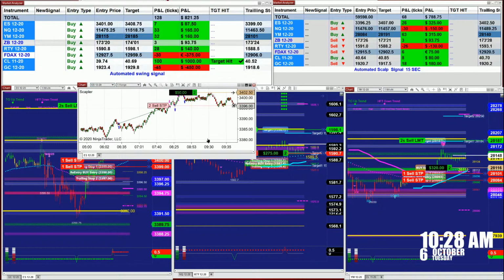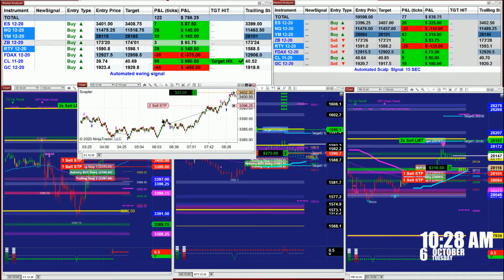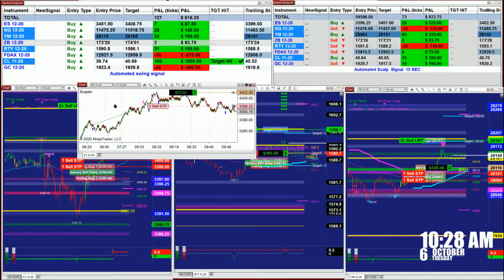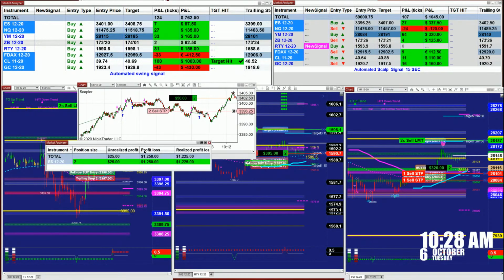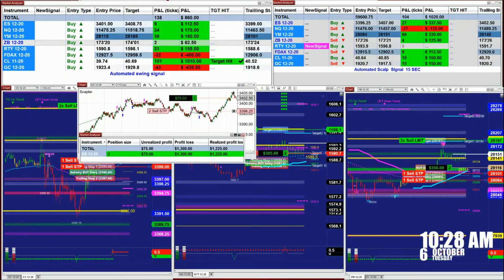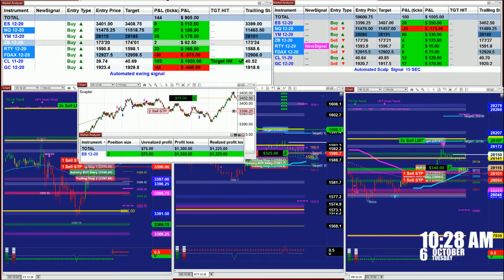What we are trying to do for the beginners is, we don't want them to swing trade. We want them to use market order and scalping. Scalping is good for overnight.